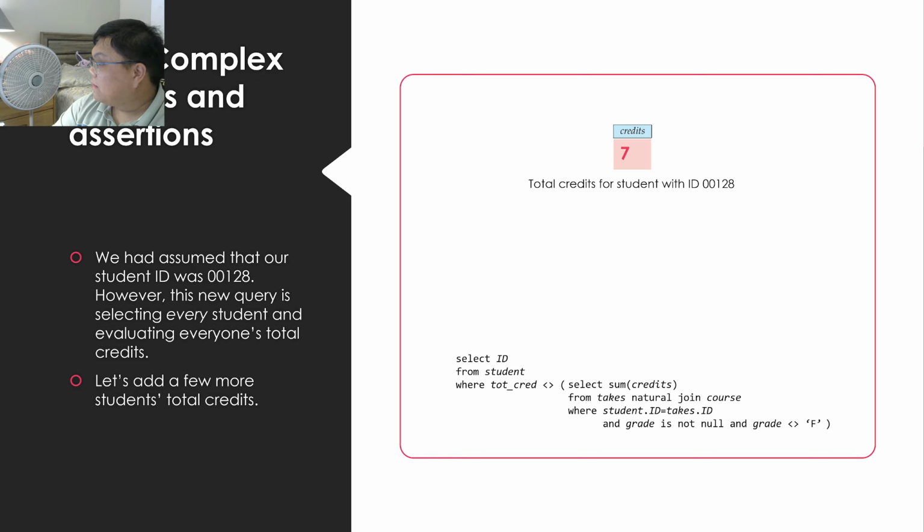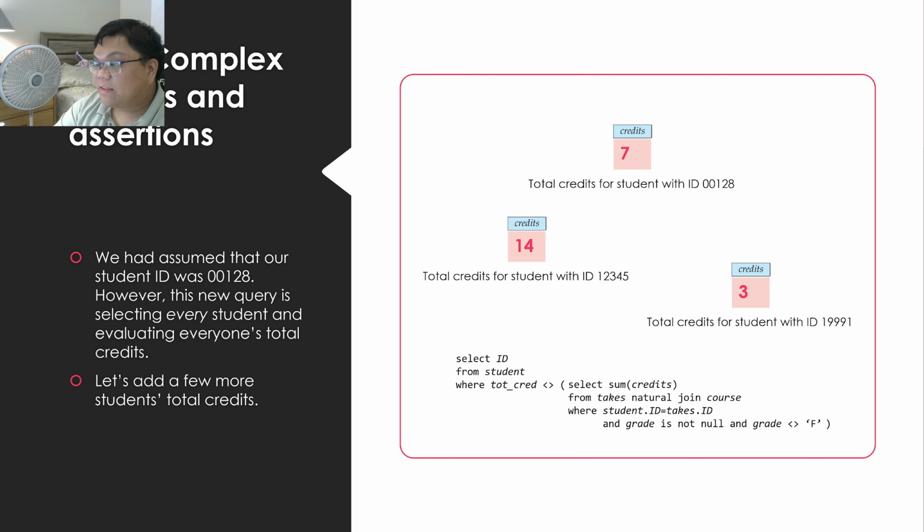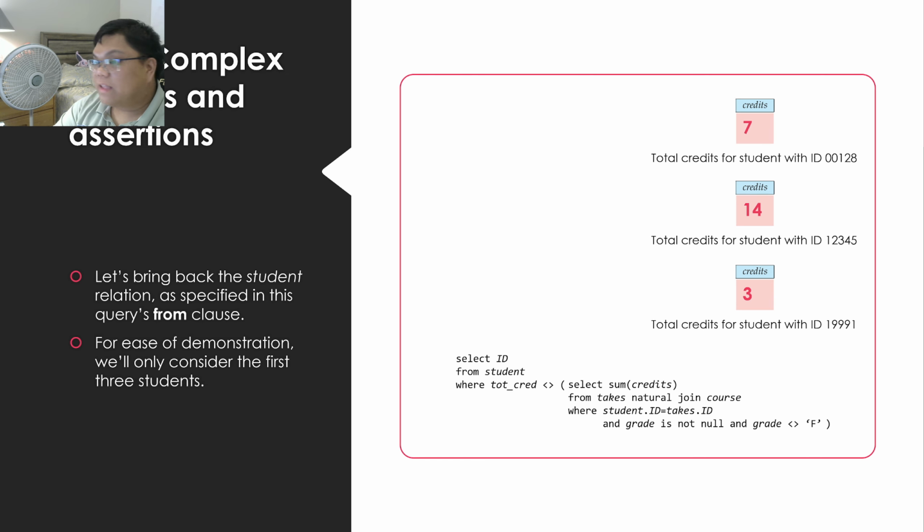So, let's add a few more students' total credits. Here's a few more, and let's move these aside so we can bring back the student relation because that's needed in the from clause for this query. So select ID from student where total credit does not equal the subquery.